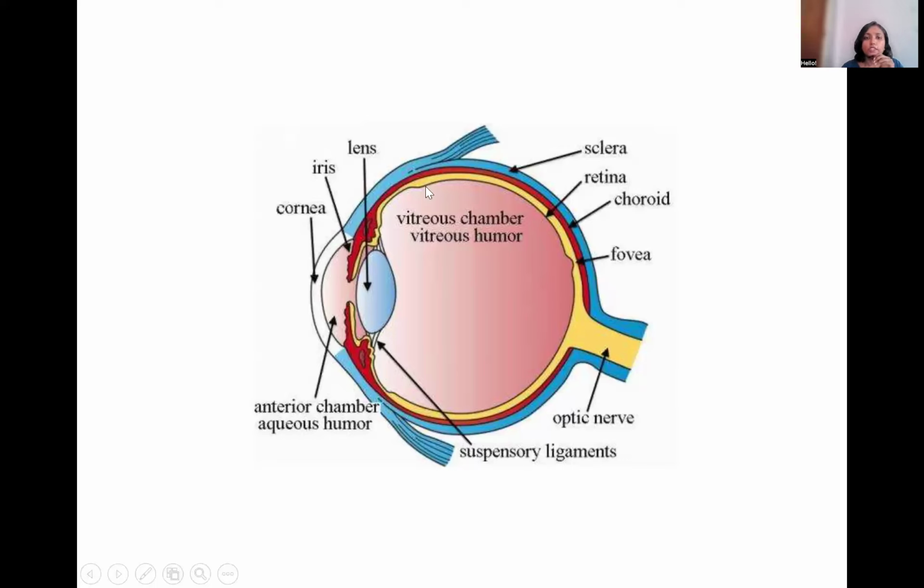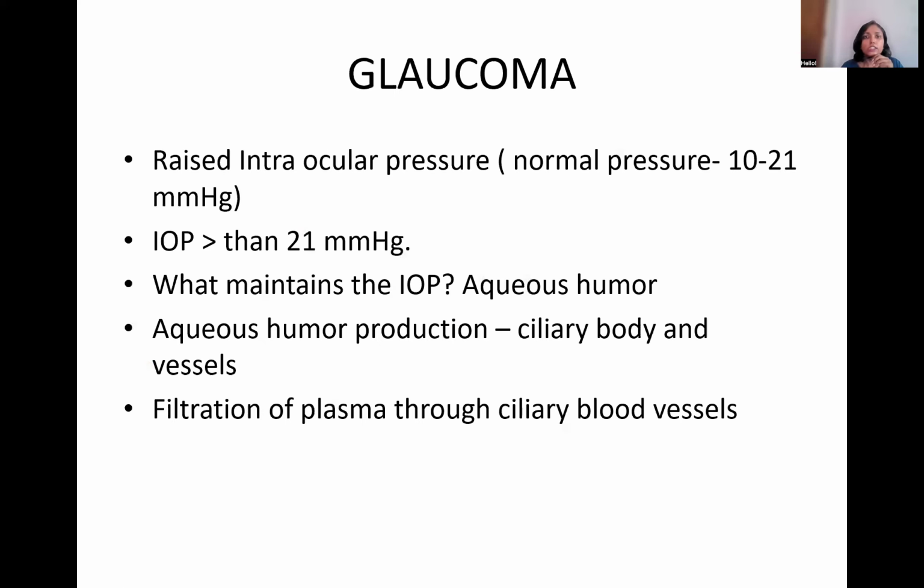So now this is the anterior chamber, which is filled with a clear fluid known as aqueous humor, and here is the vitreous chamber that is filled with vitreous humor, a gel substance. Now, coming to glaucoma. I told you already, it is caused by raised intraocular pressure.